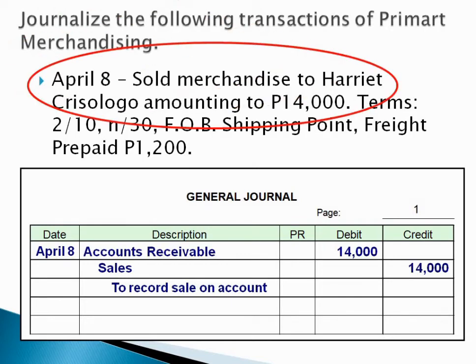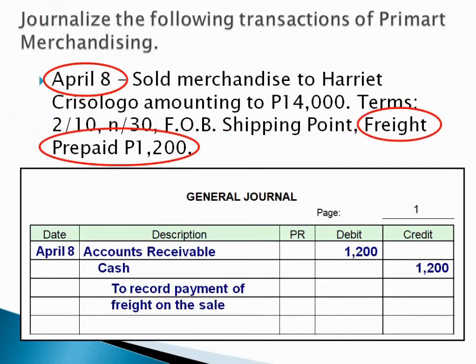The first one was on April 8, where we debited accounts receivable for 14,000. And then another entry on the same date for the freight, where we again debited accounts receivable for 1,200. So after this entry, how much was the balance of the accounts receivable from Harriet?